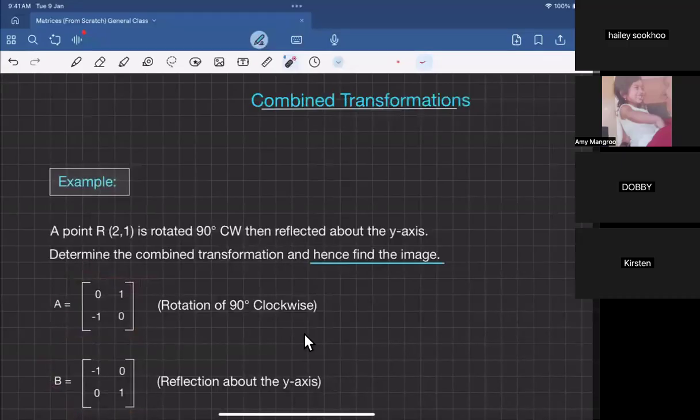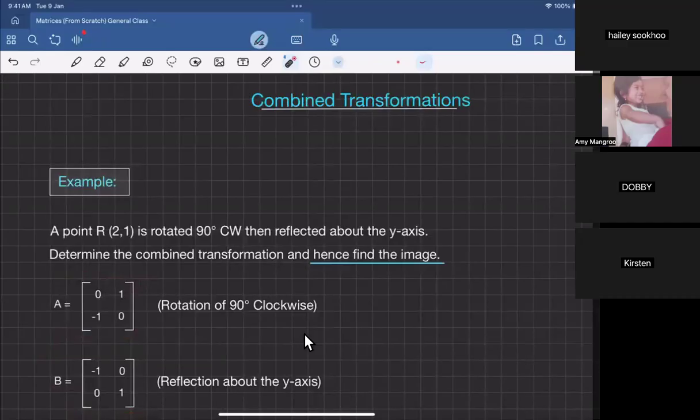You think you should add these two, minus these two, multiply these two? What should we do to end up with a product? Add it? No, we won't add it. Multiply it. Yes, we will multiply it to get the product. The product will be the combined transformation.